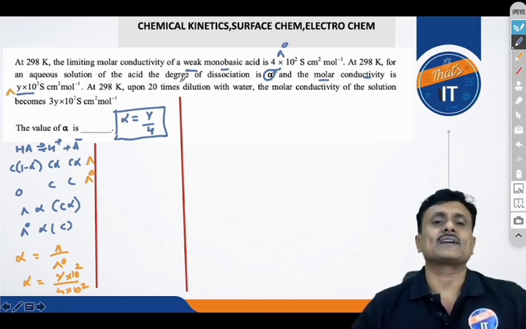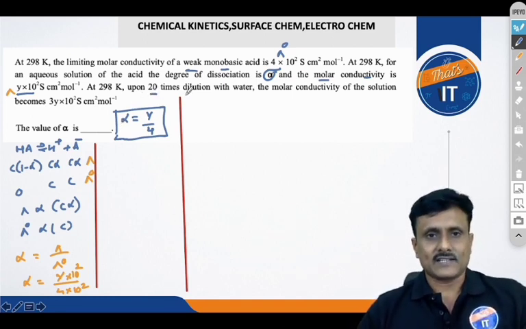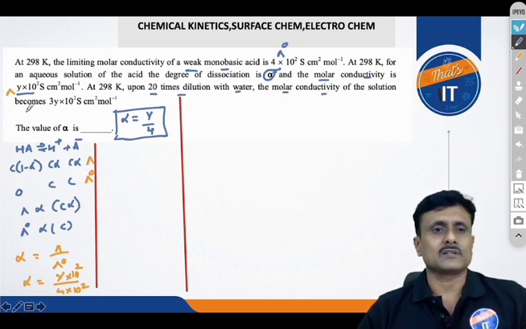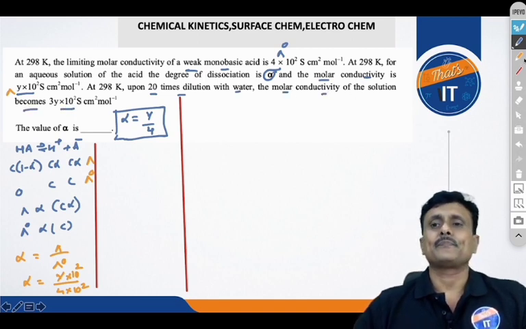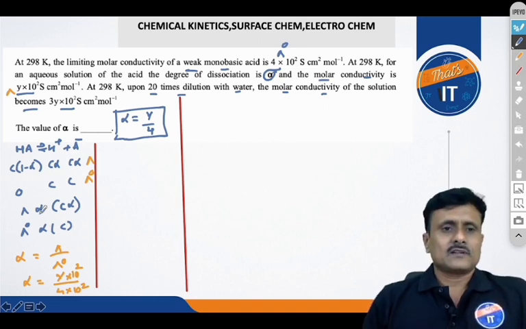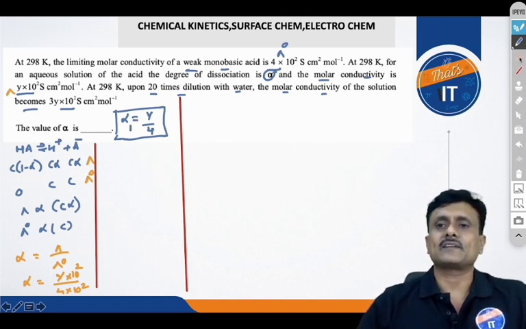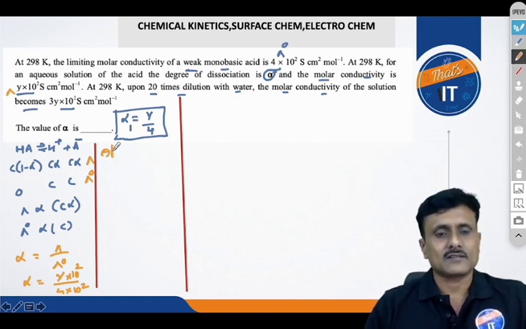You can see that at 298 Kelvin, upon 20 times dilution with water, the molar conductivity of the solution becomes 3Y into 10 power 2. So this is the whole process. I am taking the earlier value as alpha 1, that is before dilution. So what is happening after dilution, one should understand.